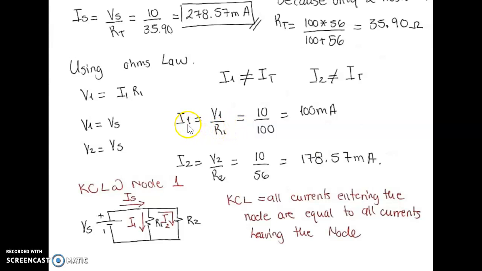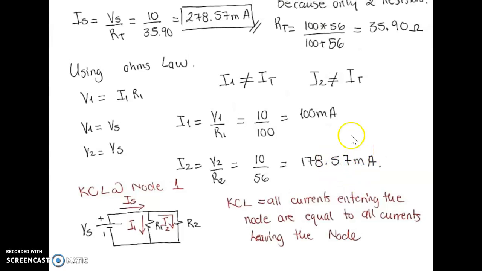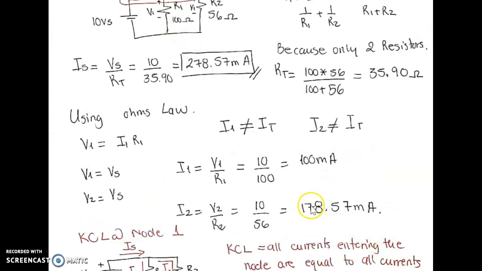So I'm going to find I1 to be voltage 1 divided by R1, which is 100 milliamps, and then I2 is V2, which is also the source, divided by the resistance. So I get 178.57 milliamps, which is important to notice here, that this one is almost half the value of this other resistor, and we almost got double the value of the current.